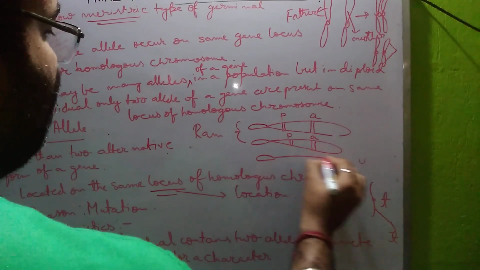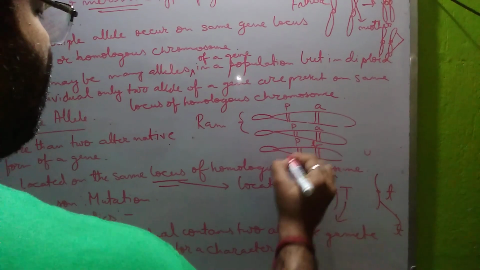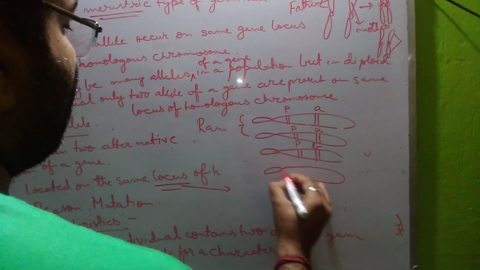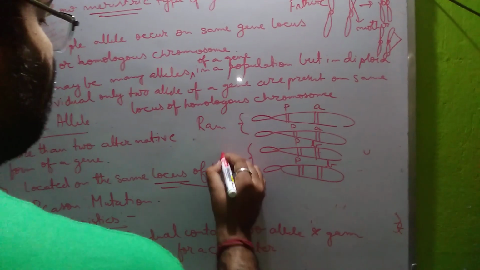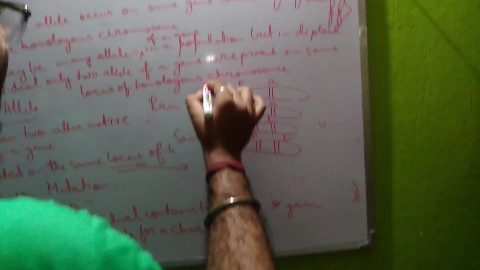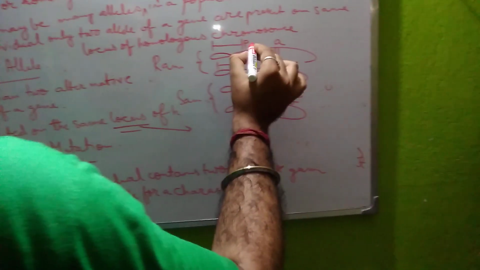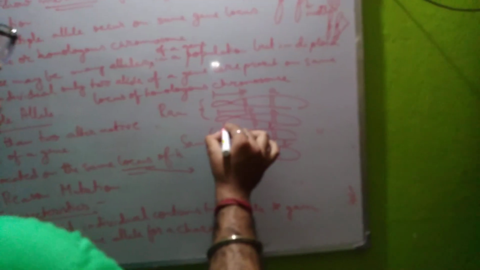Now there is another chromosome which is having, and this person's name is Sam. Now you can see that the positions of the alleles are at the same distance. P is present over here, P is present over here, and see P is also present over here.